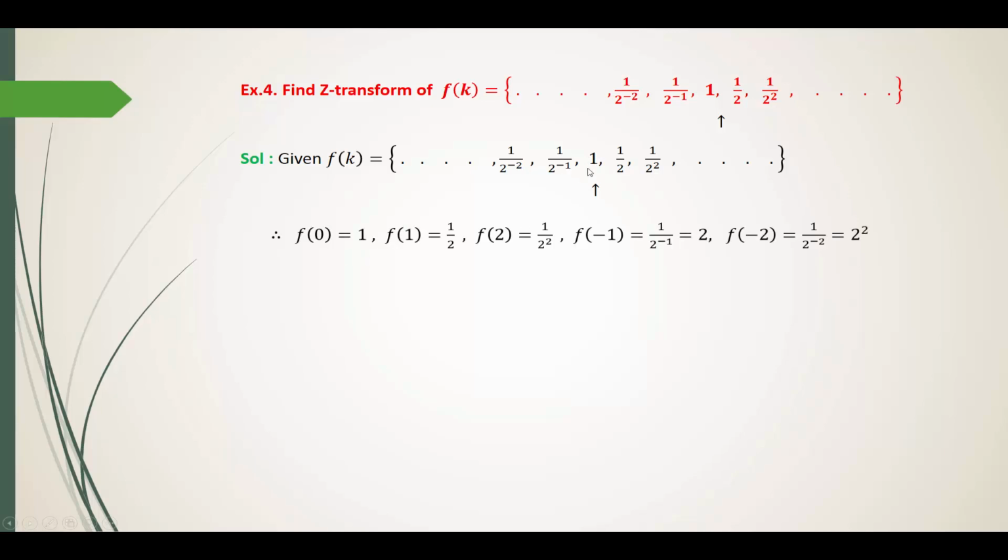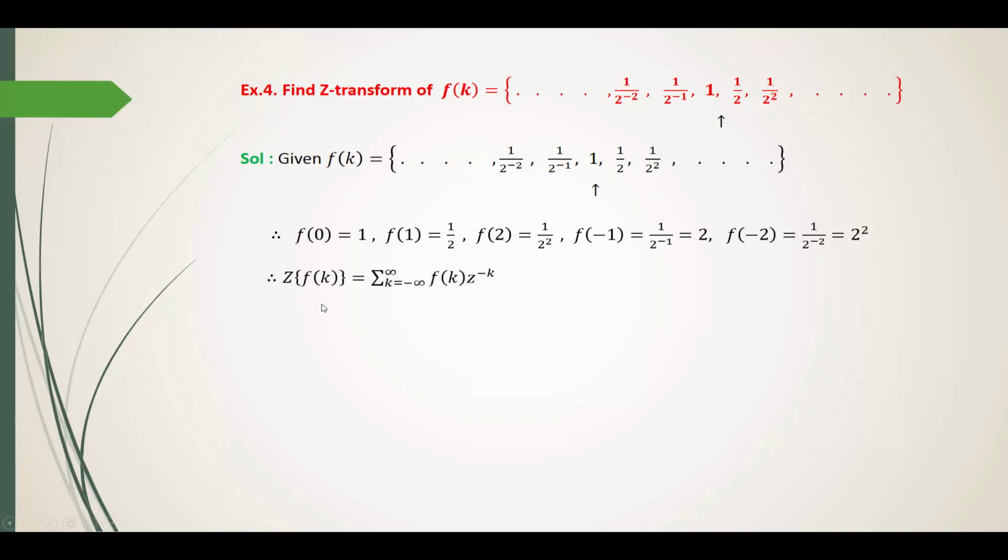F of 0 is 1, f of 1 is 1 half, f of 2 is 1 by 2 square, f of minus 1 is 1 upon 2 to the power minus 1, meaning only 2 in numerator. F of minus 2 is 1 upon 2 to the power minus 2, in numerator 2 square.